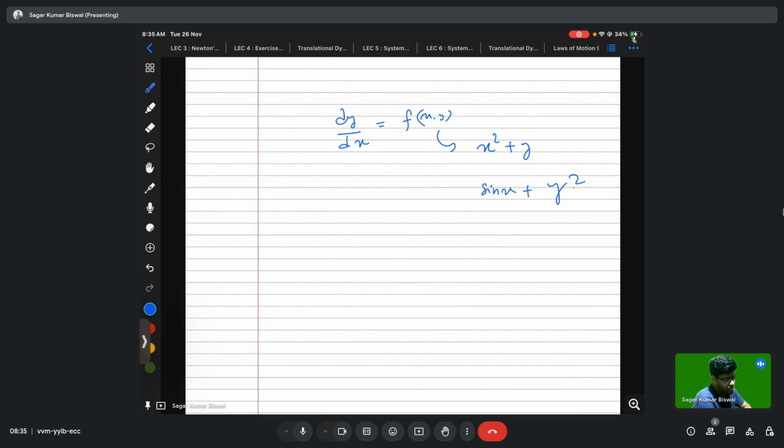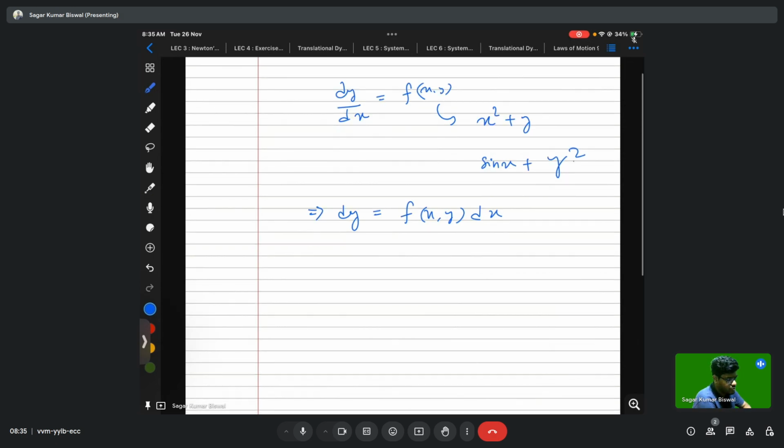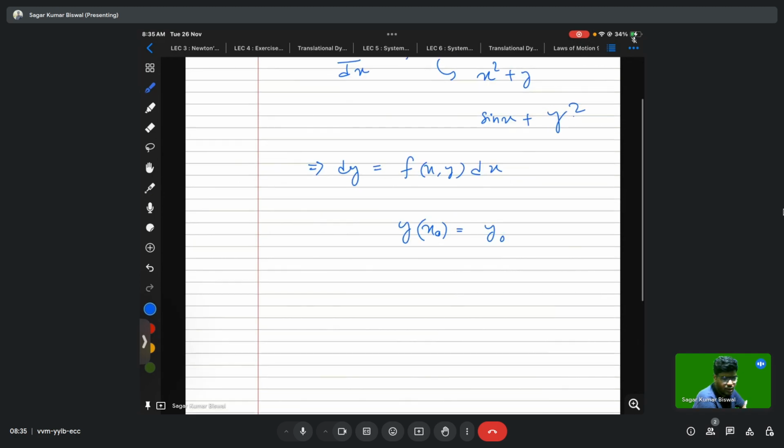So here what will be dy? dy will be f of x, y into dx. Then if you know any initial value, suppose you know the value of the function y(x0) at some initial point x0, and the value is y0, then what will be the value of the function at the point x0 plus dx?